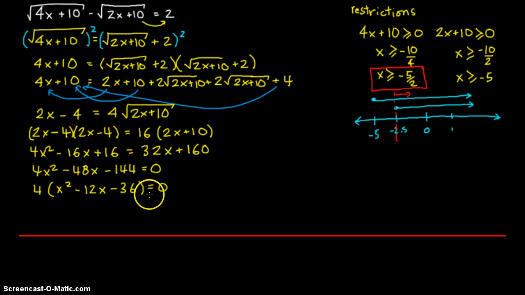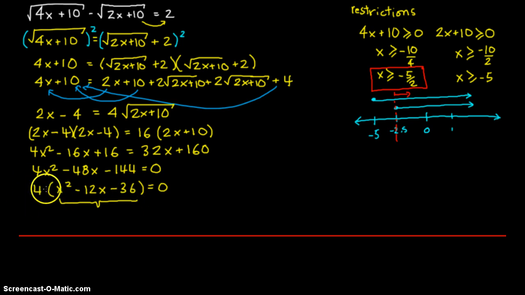So now I've got a much easier thing to deal with here. Now what number can I use that's going to help me out here? I'm not sure yet. Actually, I have no idea. So what I'm going to do is use the trusty quadratic formula and solve for this thing right here. I can completely ignore the 4 now. I've taken it out, and really I'm trying to solve for this.